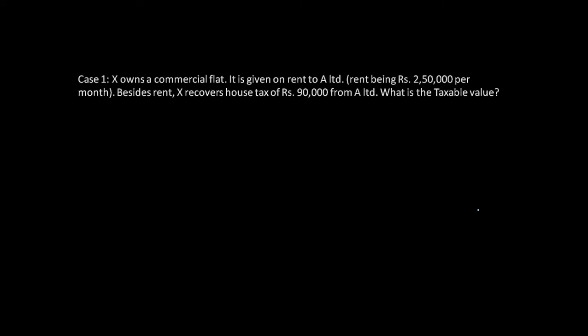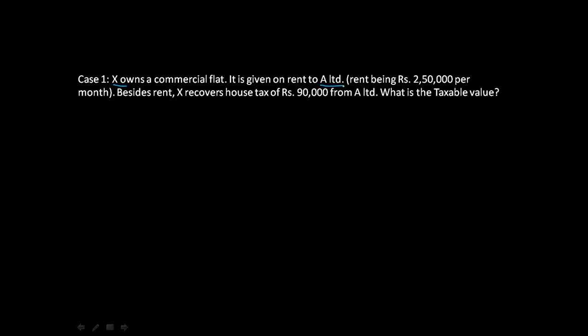First case study, it talks about X who owns a commercial flat. It is given on rent to A Limited. So who is the owner? X is the owner and A Limited is the tenant.